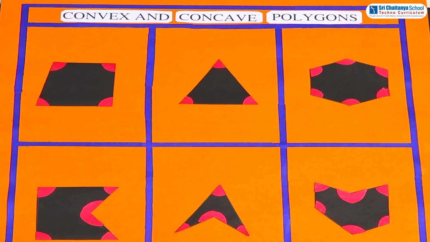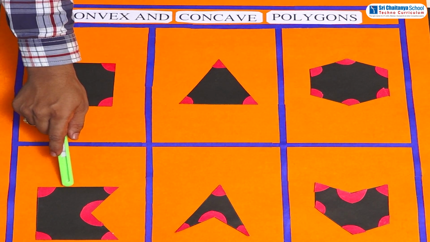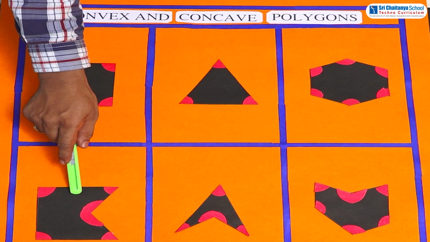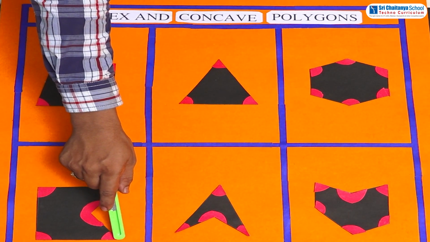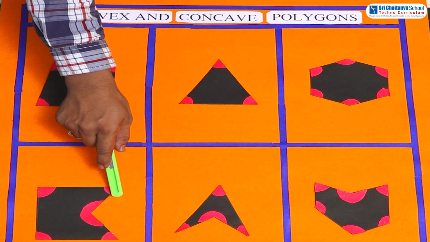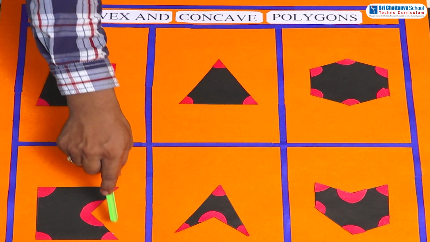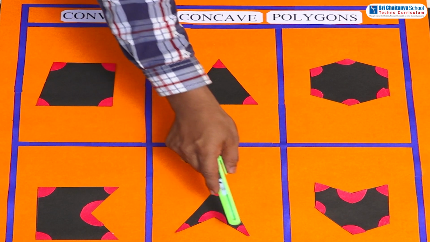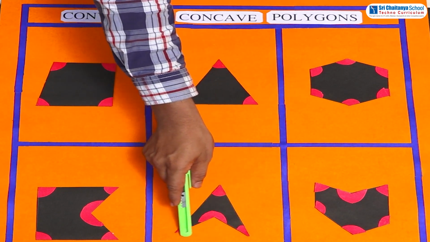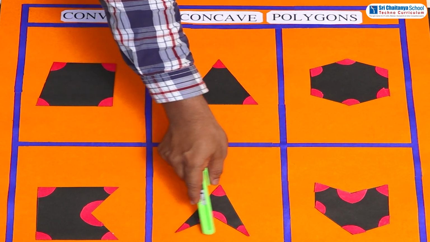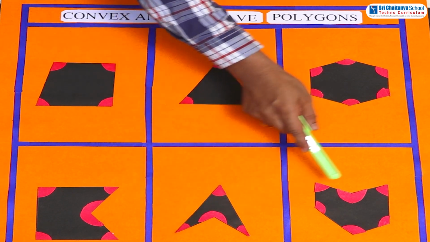Coming to the remaining three, here if you draw the diagonals, this diagonal lies in the exterior of the polygon. In this polygon, if you draw the diagonal, even here it lies outside.